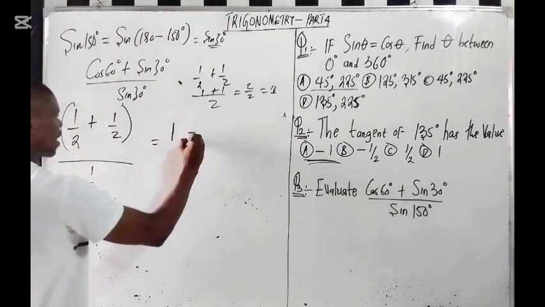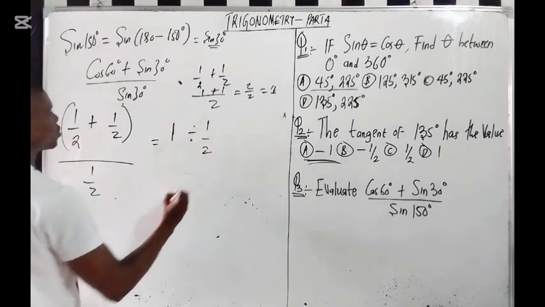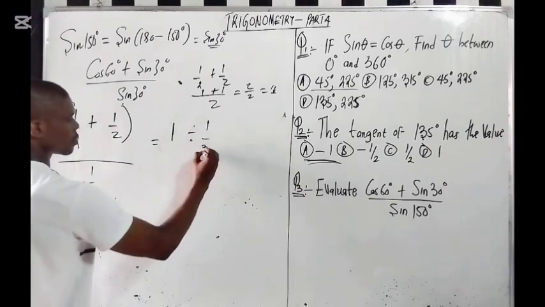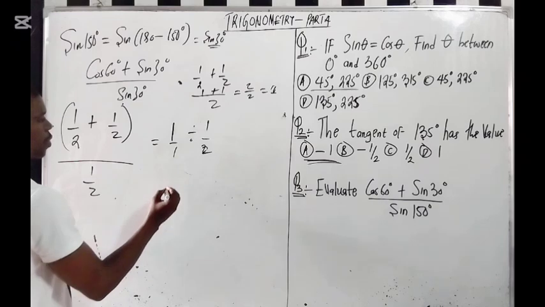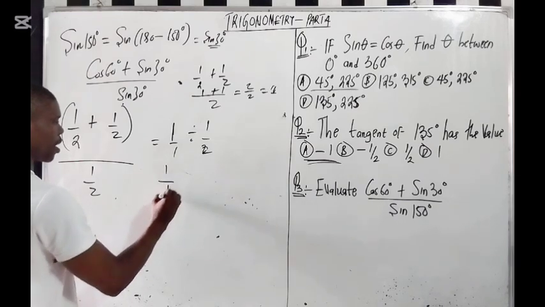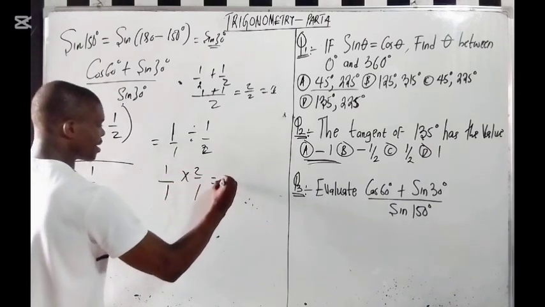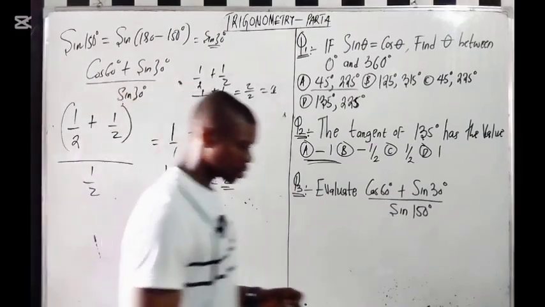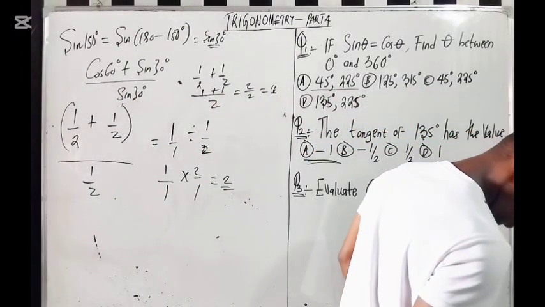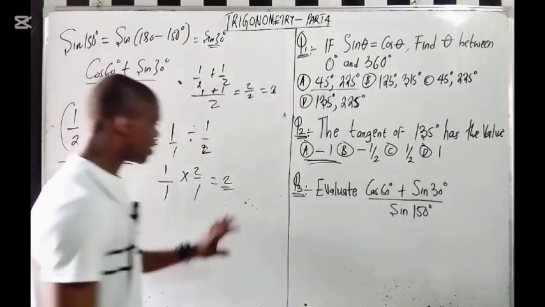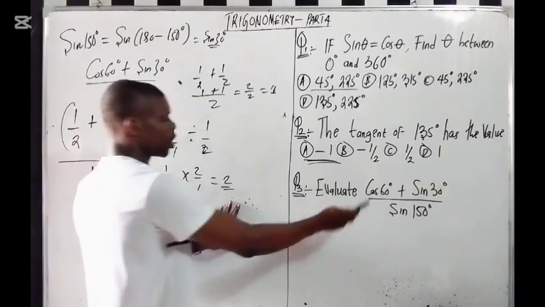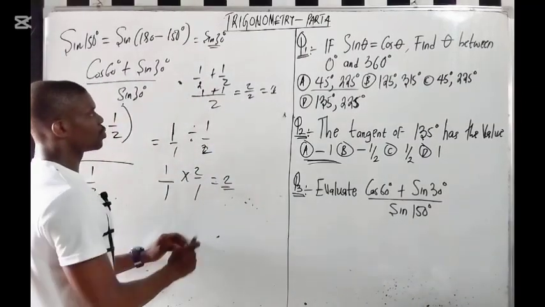Remember, this is divided by 1 over 2. So we multiply: 1 over 1 times 2 over 1. The answer is 2. So the entire expression equals 2.